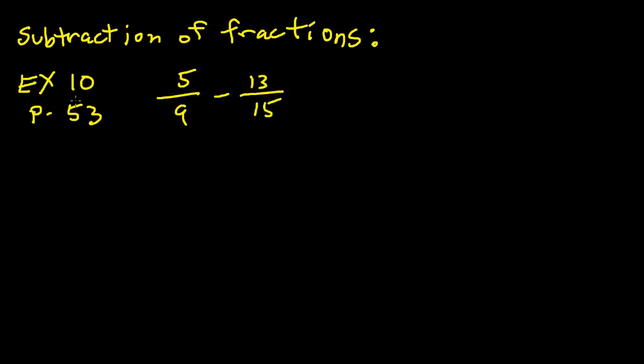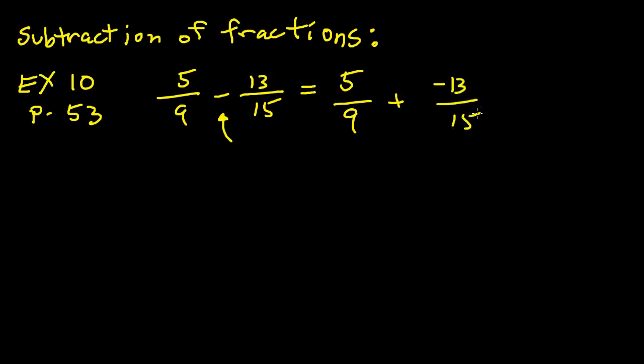All right, and similarly here, if you're subtracting a fraction from another, it's equivalent to adding the opposite. So I can say it's 5 ninths plus the negative of 13 fifteenths.